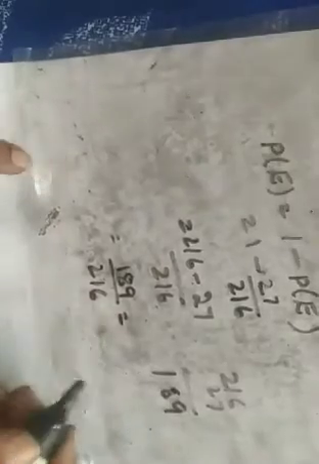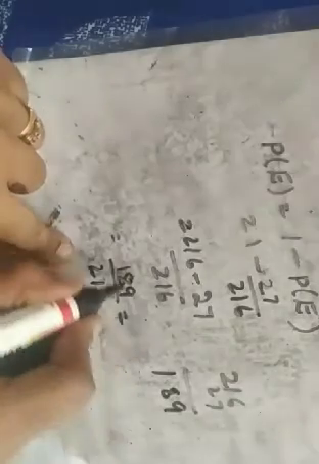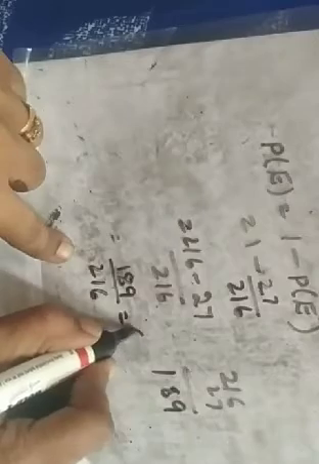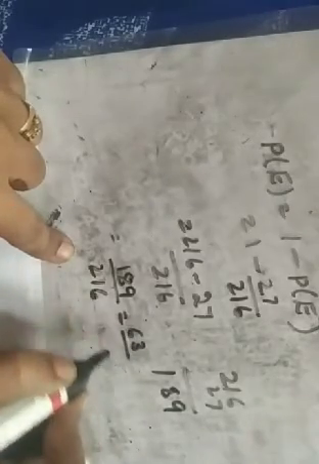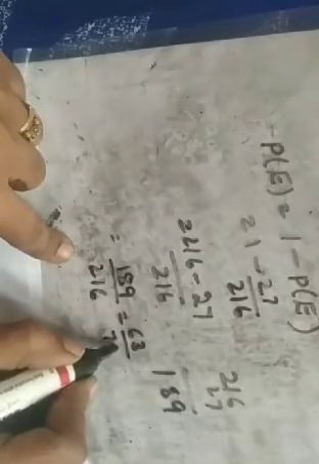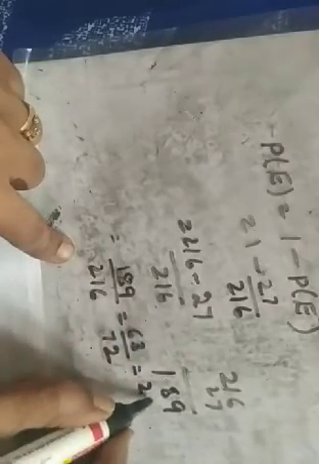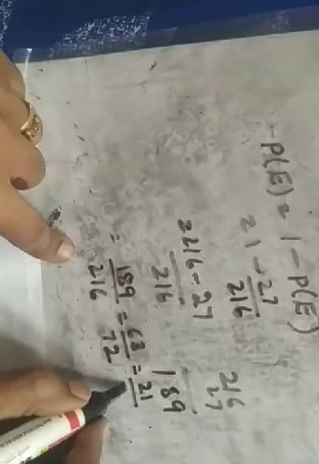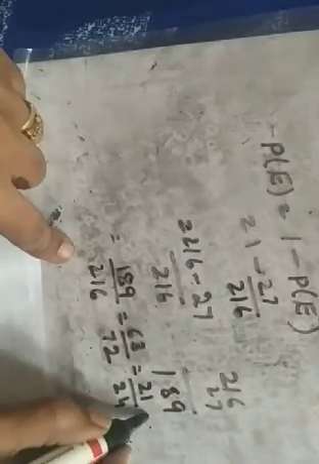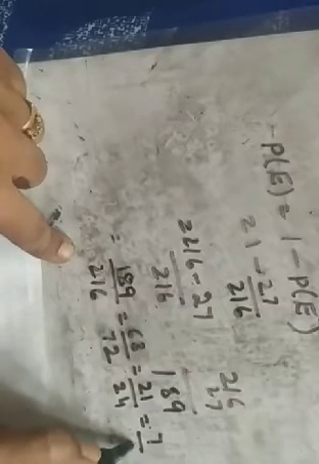You can cancel by which table? 3 6s are 18, 3 3s are 9, 3 7s are 21, 3 2s are 6. Again it cancels by 3: 3 1s are 3, 3 2s are 6, 3 4s are 12. Again 3 7s are 21, 3 8s are 24. So the answer is 7 by 8.